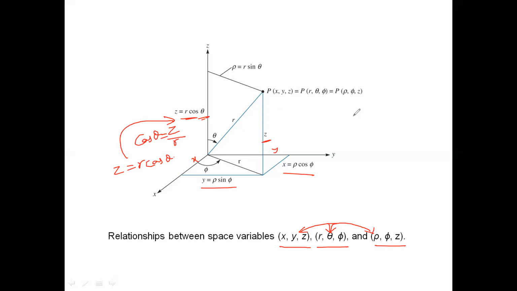Now in order to get the relation between spherical and Cartesian, let's write the equations. X equal to r sine theta cos phi. This is how we got it, in a very simple manner.